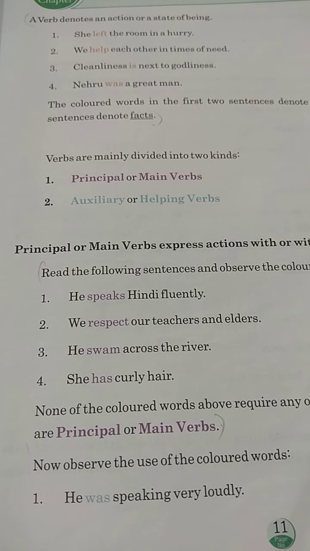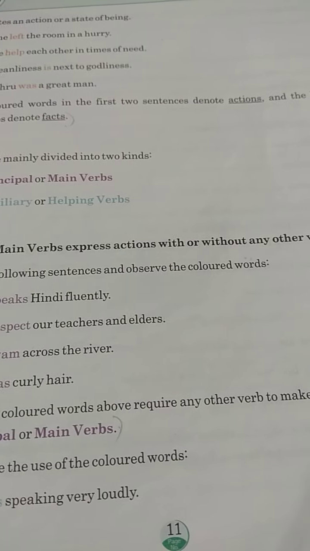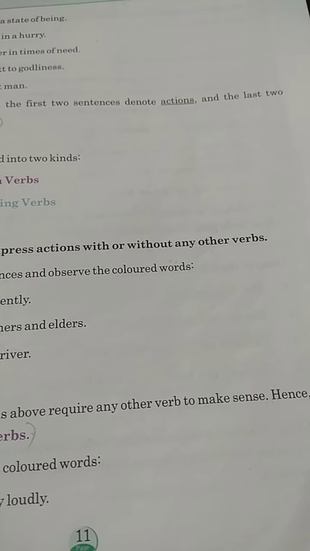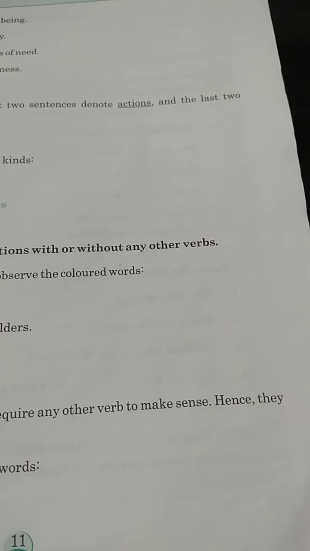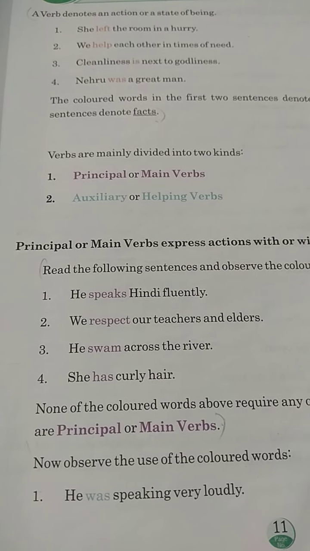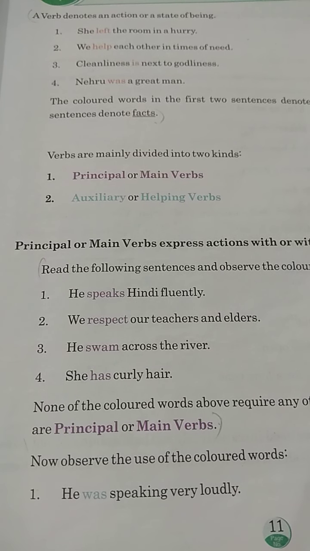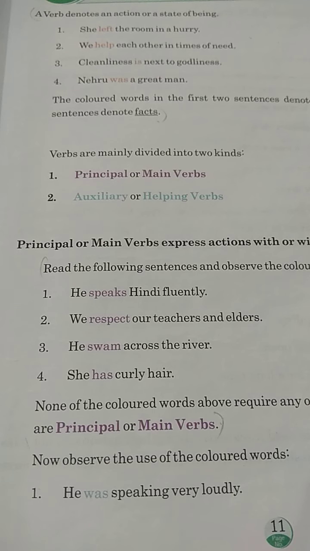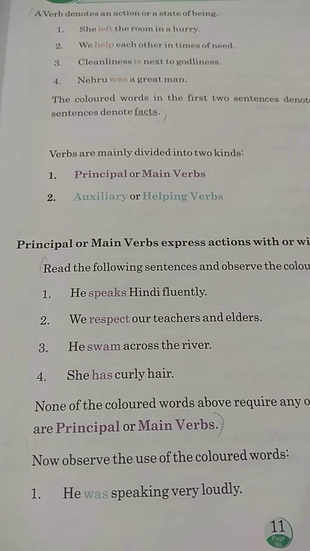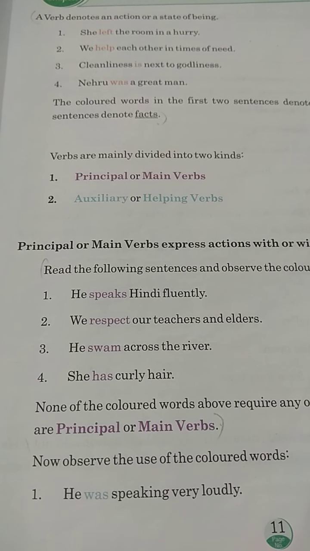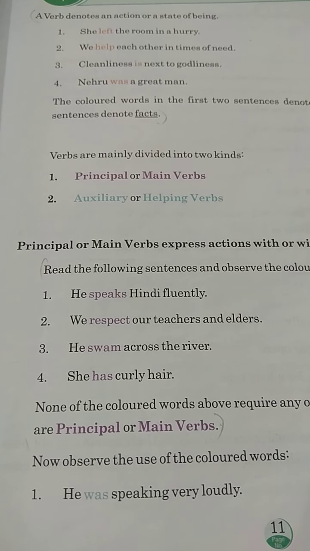So, none of the colored words above require any other verb to make sense. Hence, they are principal verbs or main verbs. They express actions without the help of any other word. Such verbs are called principal verbs, and they are also called main verbs.